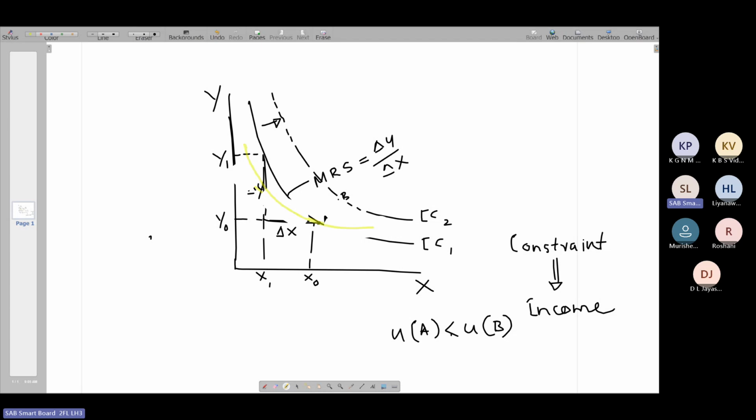Actually, if you draw it this way, let's say IC1, IC3. The common point is point A, and we take another two points, point B and point C.